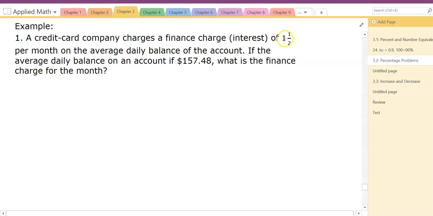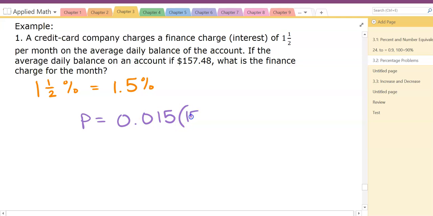So if you have 1.5%, how would we write that as a decimal? So 0.015. We're going to take that times the $157.48 because that's how much they had on that daily basis.